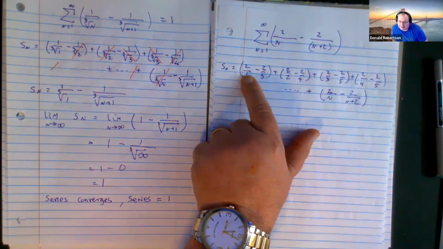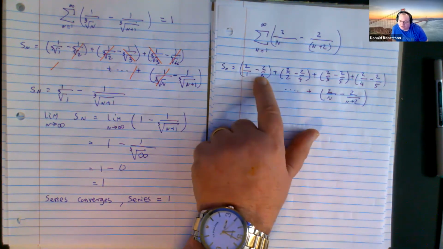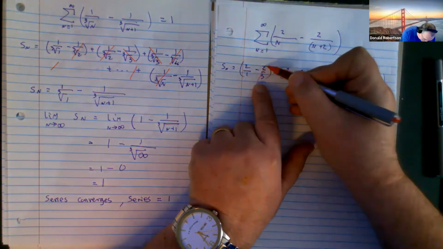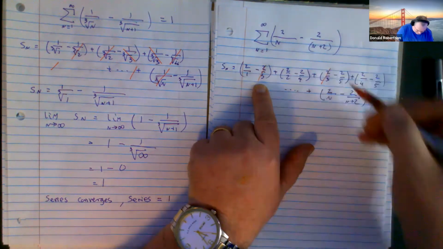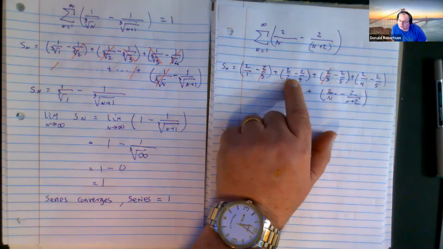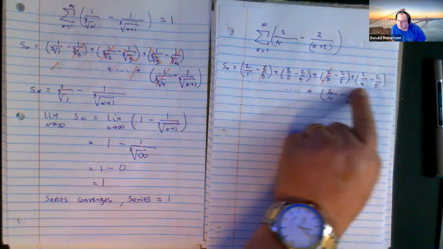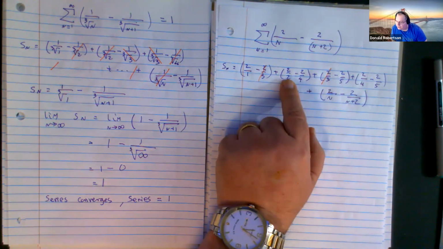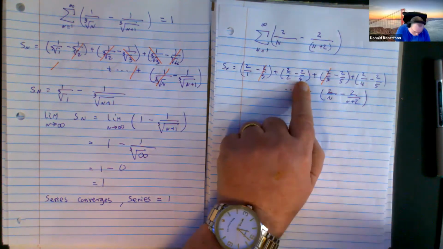that doesn't get killed, right? This negative 2/3, won't it eventually get killed by this guy? Does 2 over 2 ever get killed? Is there anything that's going to come after it that's 2 over 2, right? Minus 2 over 2. No. So there's 2 terms that make it out alive. Now, does this one get killed?